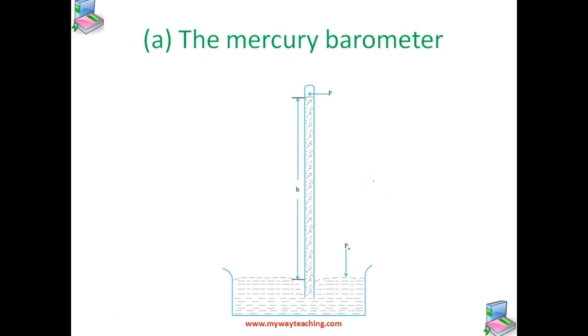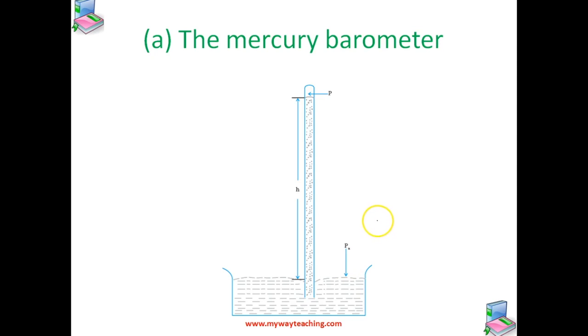The pressure inside the column at point A must be equal to the pressure at point B, which is at the same level. So pressure at B is equal to pressure at A, that is atmospheric pressure. If we consider two points which are at the same level, then the pressure at those points is equal.